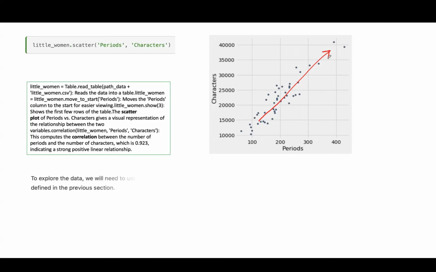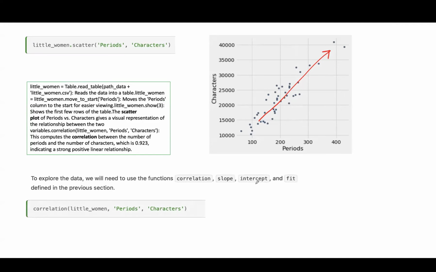To explore the data, we need to use the functions correlation, slope, and intercept and fit. Let us find the correlation coefficient between periods and the number of characters. Very good, very impressive.